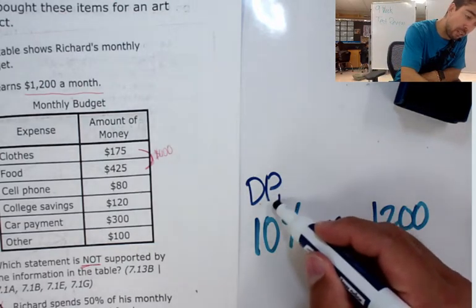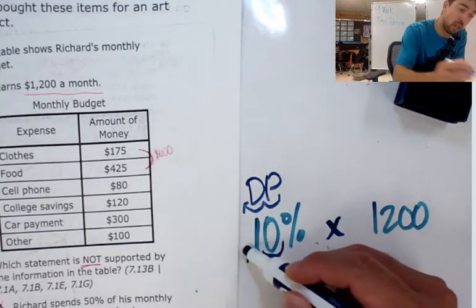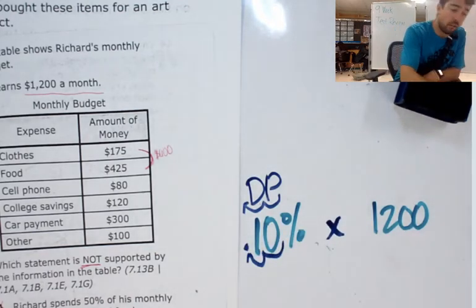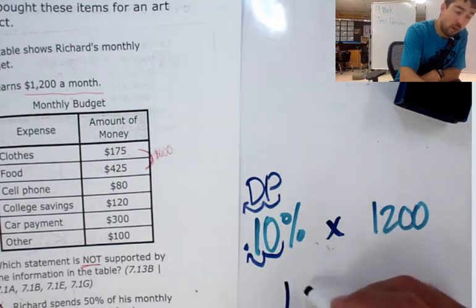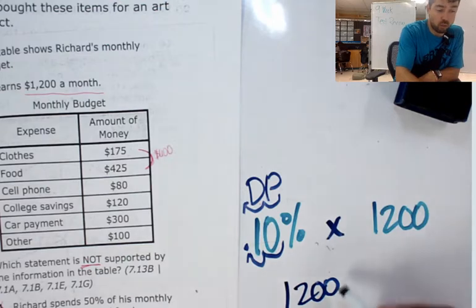So if I use Dr. Pepper, we're going from percent to decimal, 2 spaces to the left, 1, 2 spaces to the left. So we end up with 0.1. If I multiply 1,200 times 0.1, 0 times 1 is 0, 0 times 1, 0, 2 times 1 is 2, 1 times 1 is 1. And then we have one decimal place that we need to make sure is in our answer.